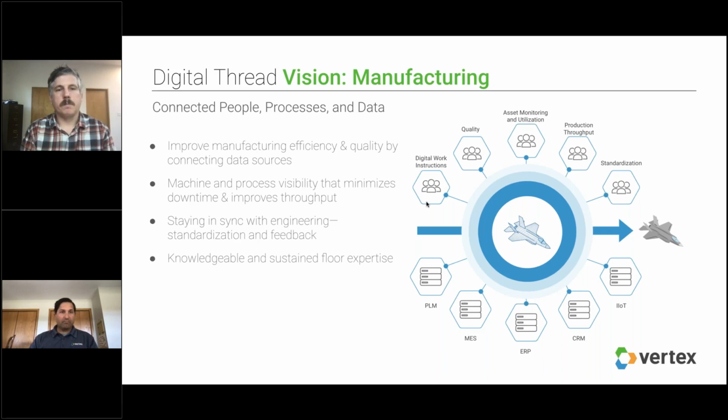We also talk a lot about factory digital twins and being able to visualize processes within the plant. Predictive maintenance, understanding different data coming off PLC controllers and things like that.